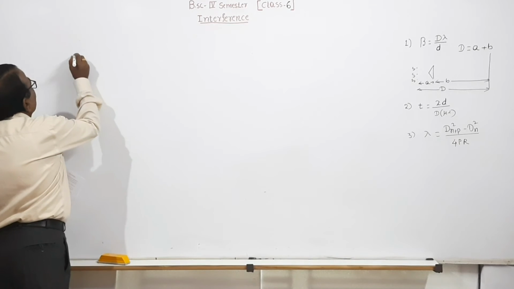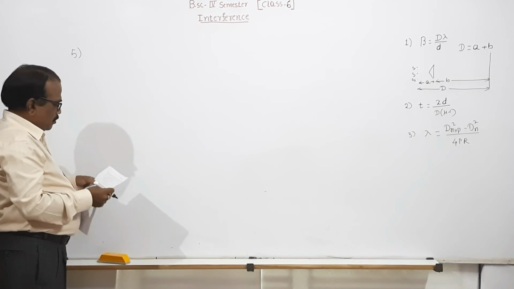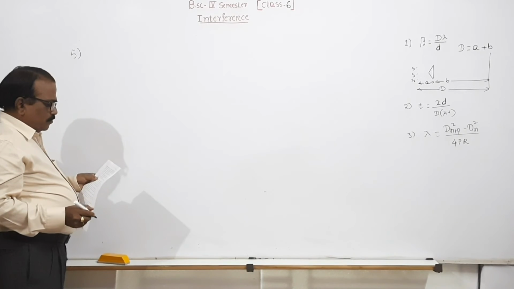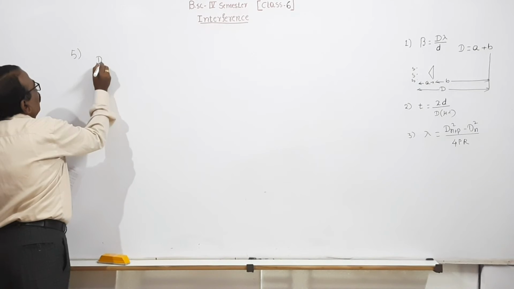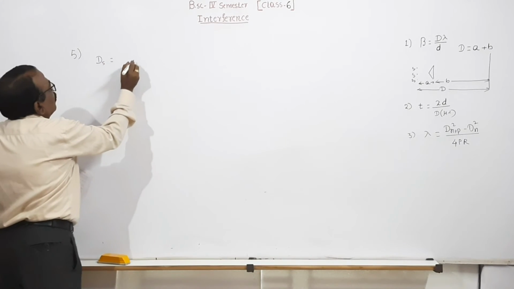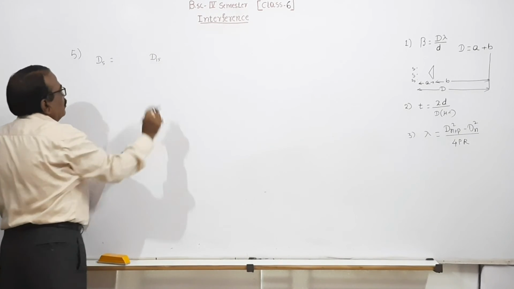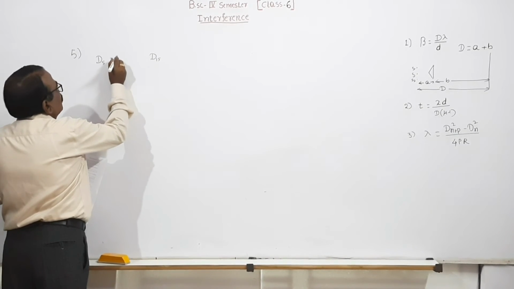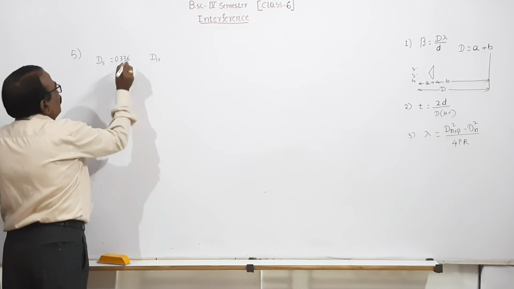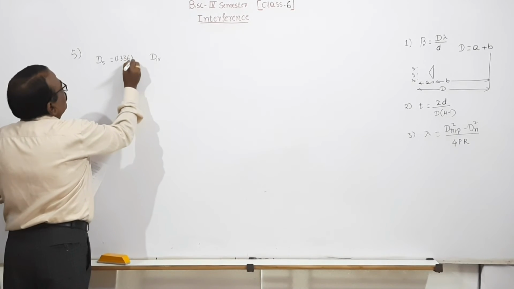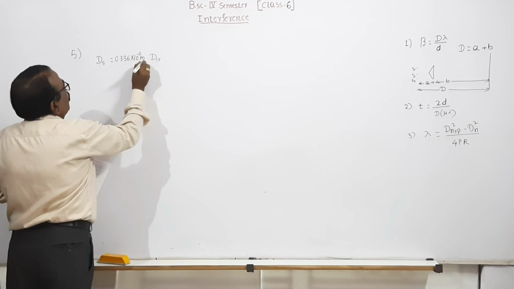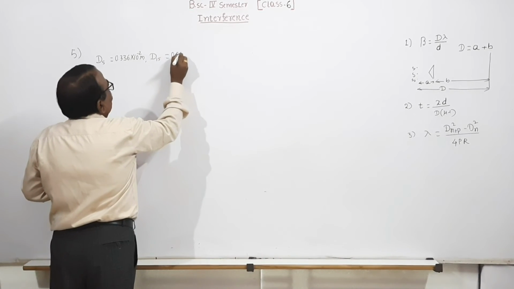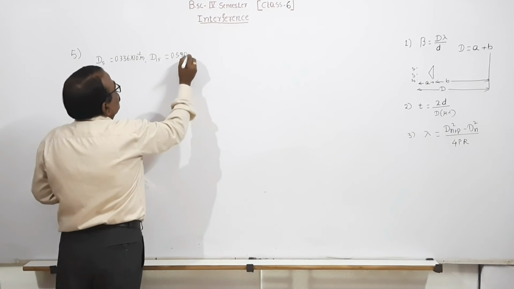See the fifth example. In Newton's rings experiment, diameters of the 5th and 15th rings are 0.336 into 10 raised to minus 2 meter and 0.590 into 10 raised to minus 2 meter.